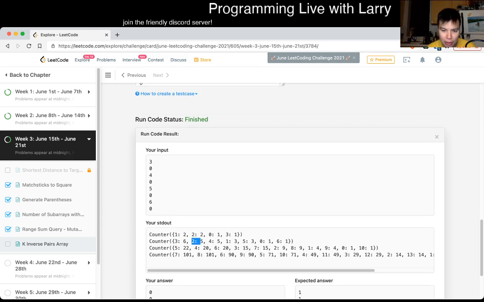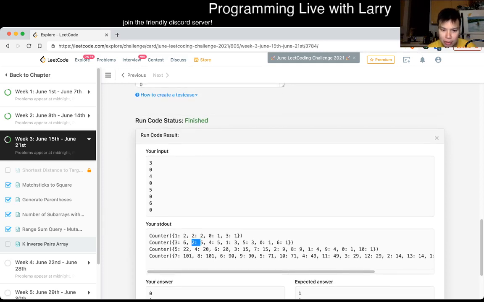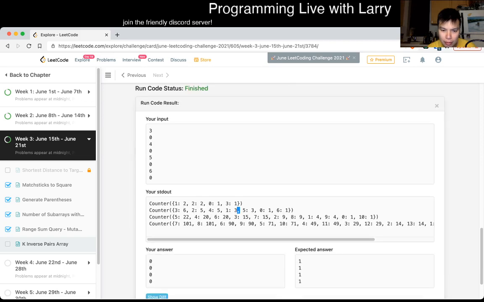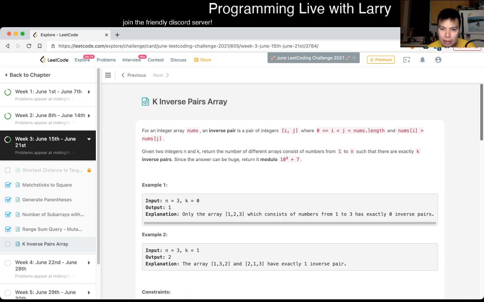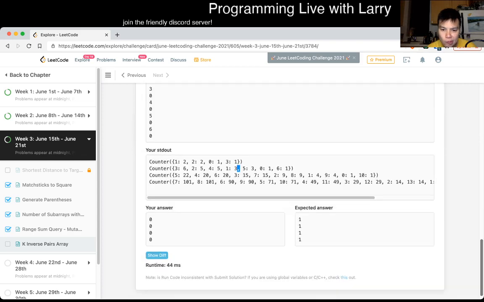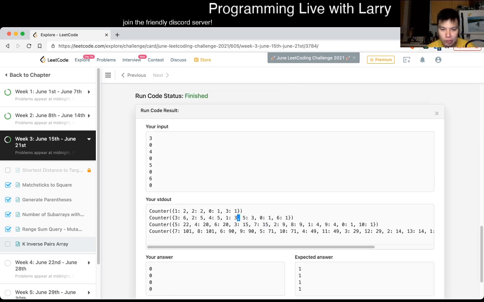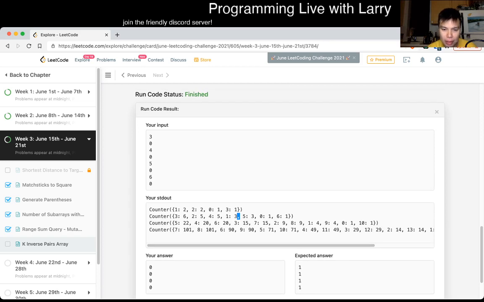Oh, I was wrong about the one. Why did I say it was 1, 2, 2? So 1, 1 is 3. Did I miss something? Oh no, I'm looking at the 4. Okay. So for 0 is 1, yeah, 1, 2, 2, 1, that's fine.